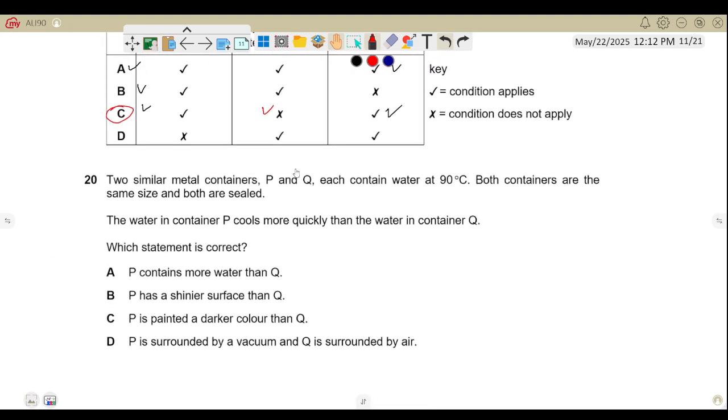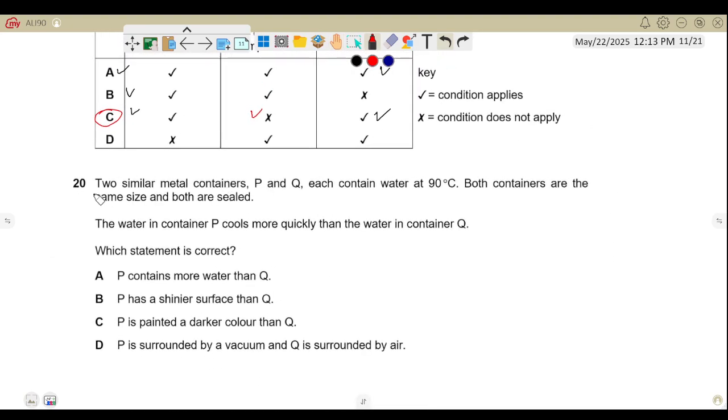Finally, for this video, we're going to talk about question number 20. Two similar metal containers P and Q each contain water at 90 degrees C. Both containers are the same size and both are sealed.